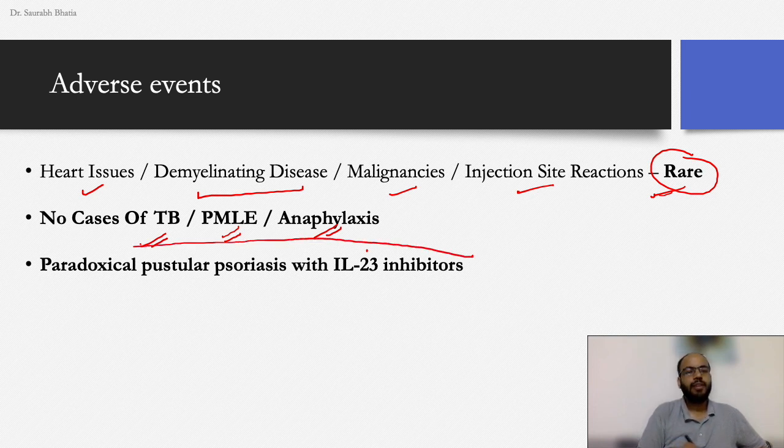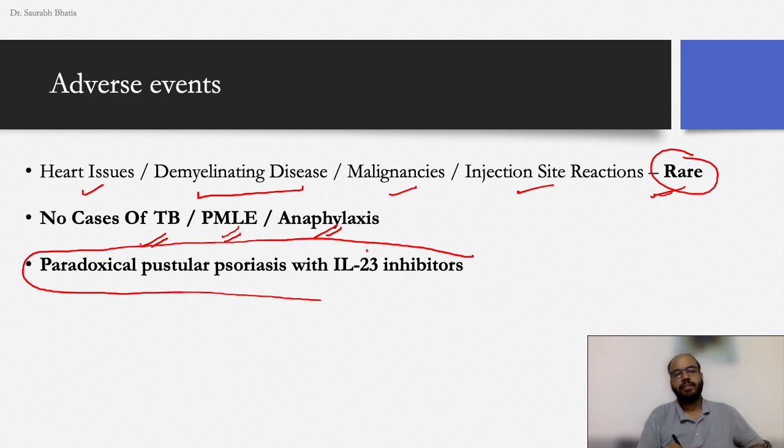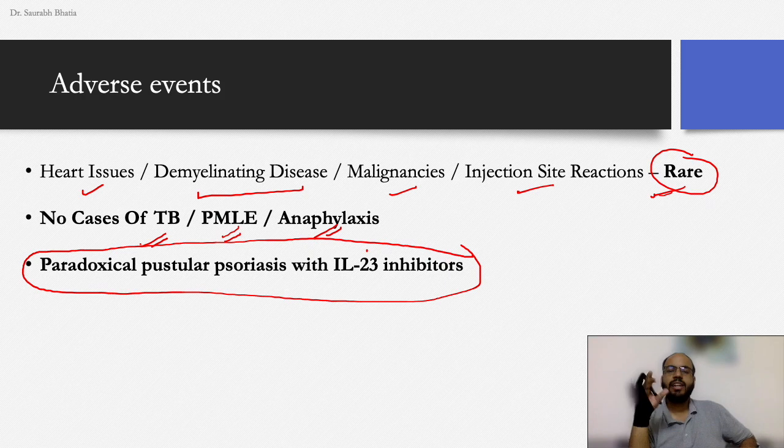And most of the cases of paradoxical pustular psoriasis activation are seen with isolated interleukin 23 inhibitors, which include tildrakizumab, risankizumab, and guselkumab. So because of these isolated IL-23 inhibitors, you can have paradoxical pustular psoriasis. Just keep in mind that this is one paradoxical reaction that you can see with biologicals.